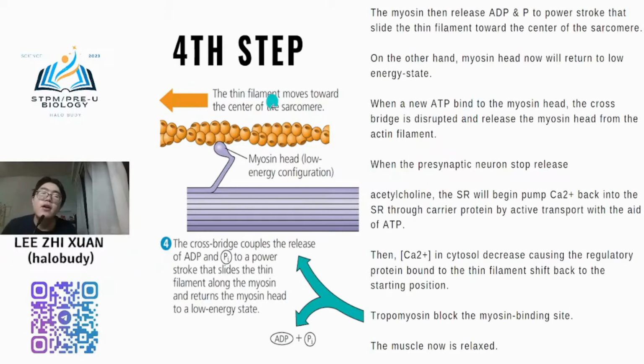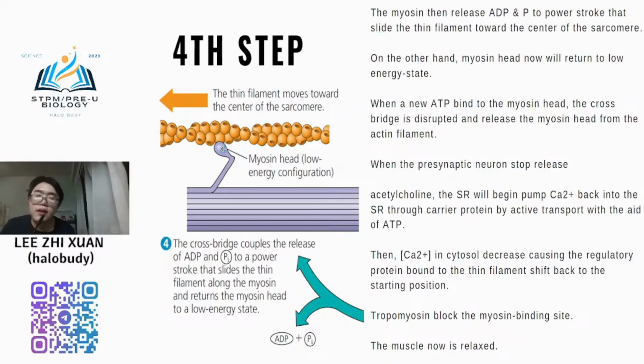But when the contraction starts to occur, the ADP and phosphate group will be released from the myosin head, and this will cause the myosin head to slide the thin filament toward the center of the sarcomere. So that is why it is known as the sliding filament hypothesis. Slide is the key term that you need to use.